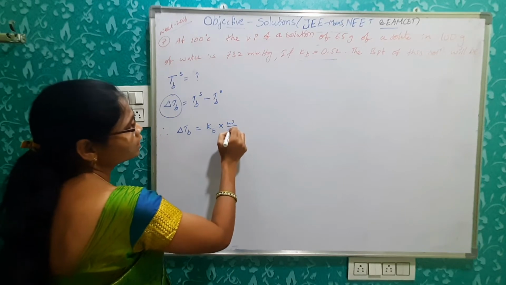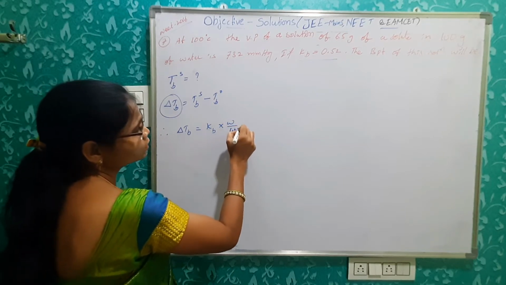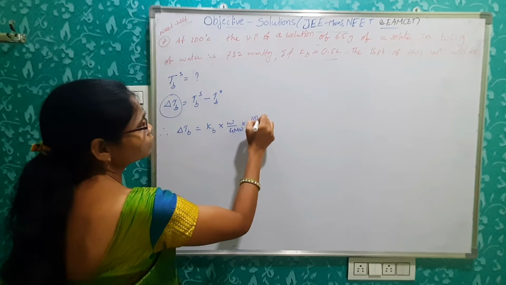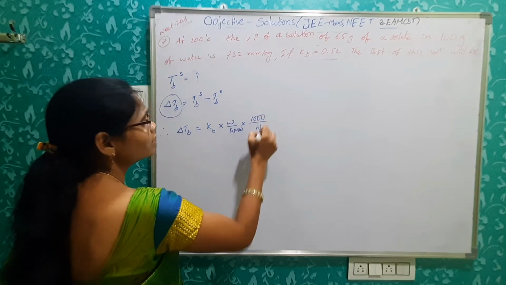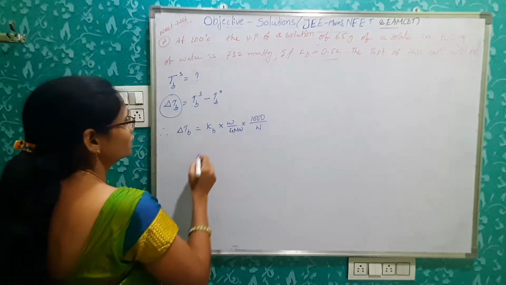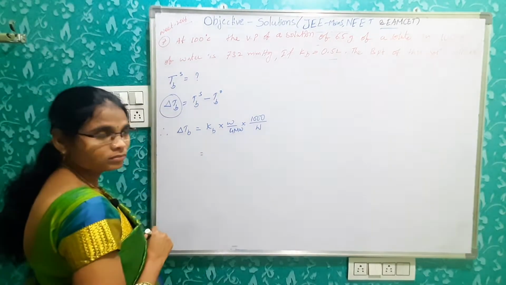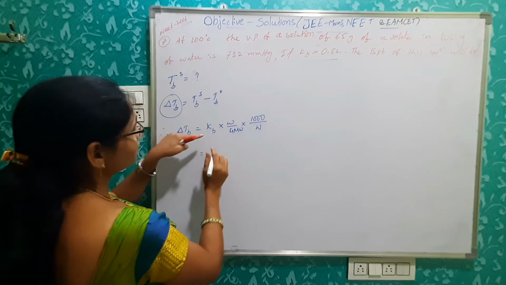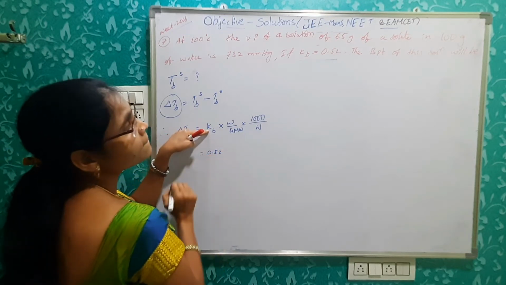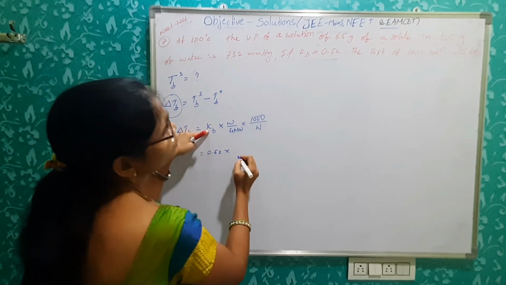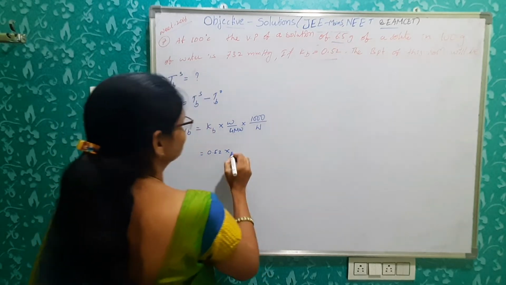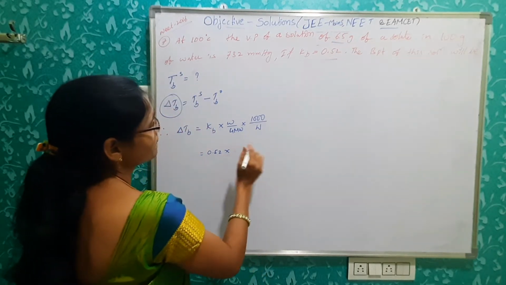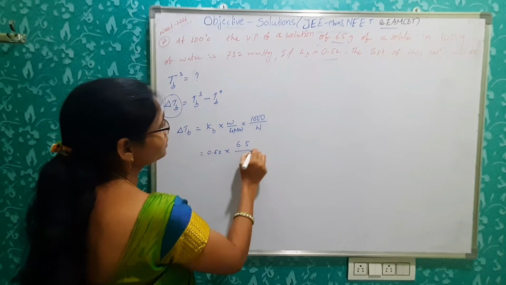Weight by gram molecular weight of solute into 1000 by weight of solvent in grams. Okay, now Kb is given as 0.52 and weight of solute is given as 6.5 grams.